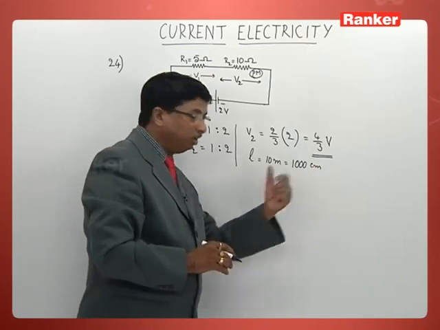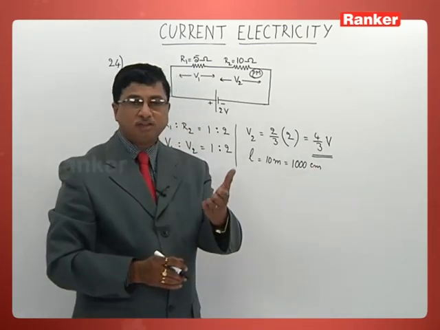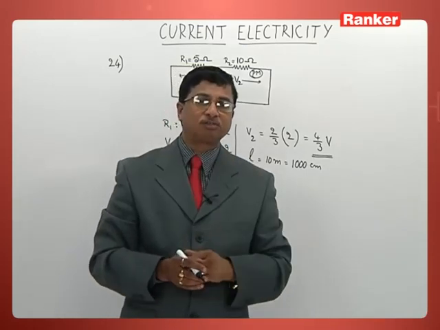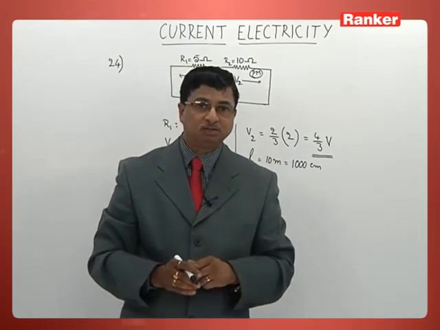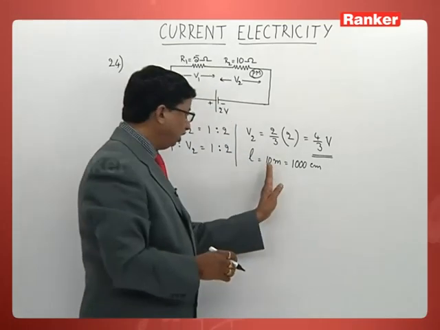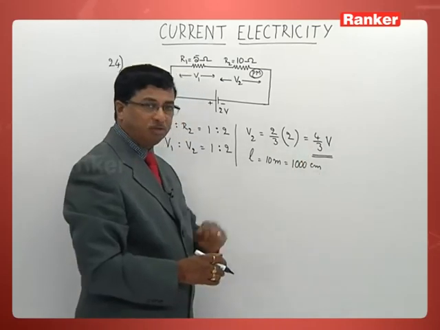Why we are converting? Very clearly he is asking you in the question itself, volt per centimeter he wants, not volt per meter. So convert the meter value into centimeter. You have got 10 meter, that is 1000 centimeter.